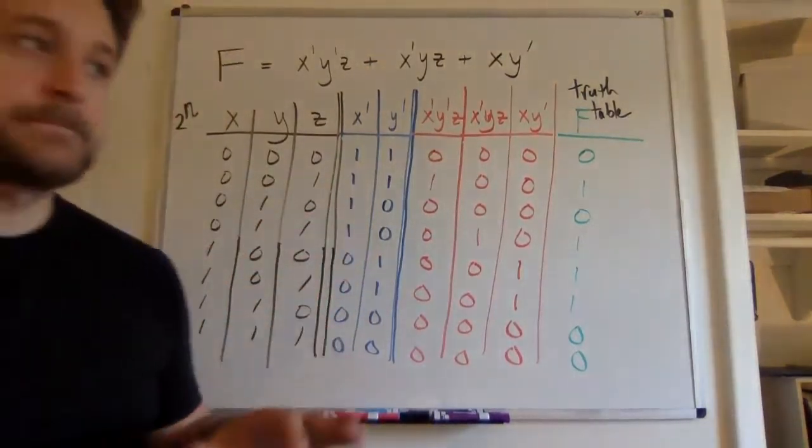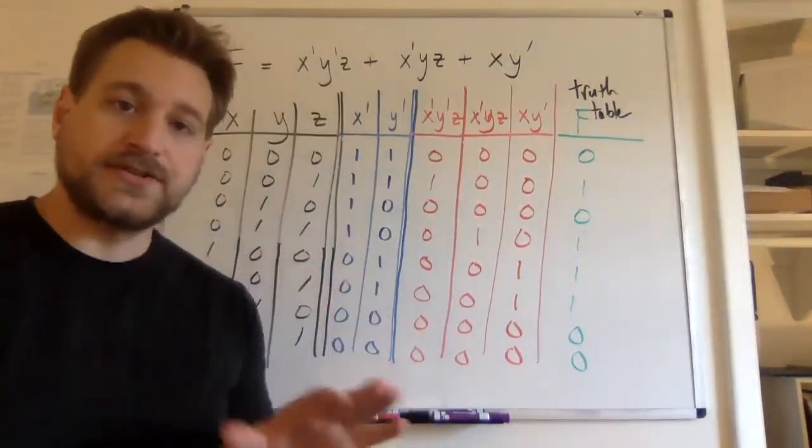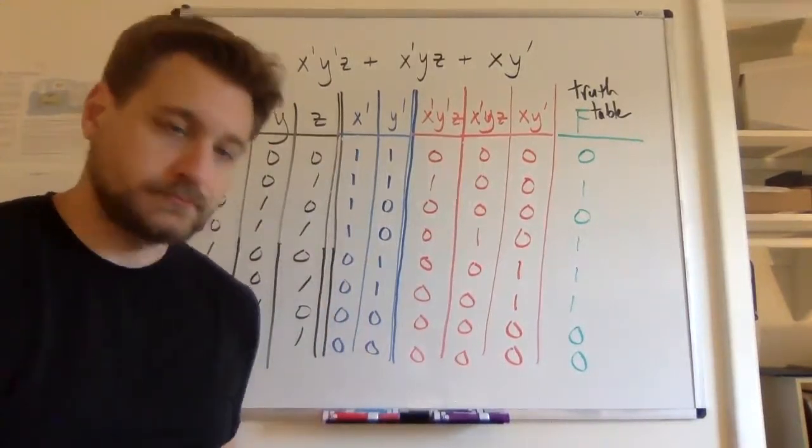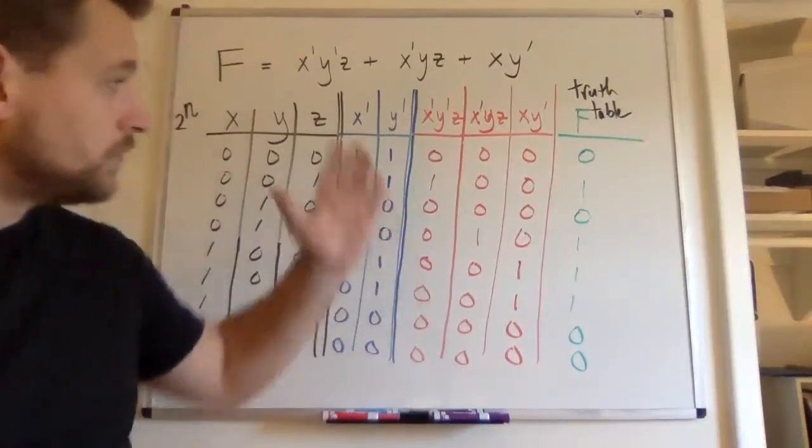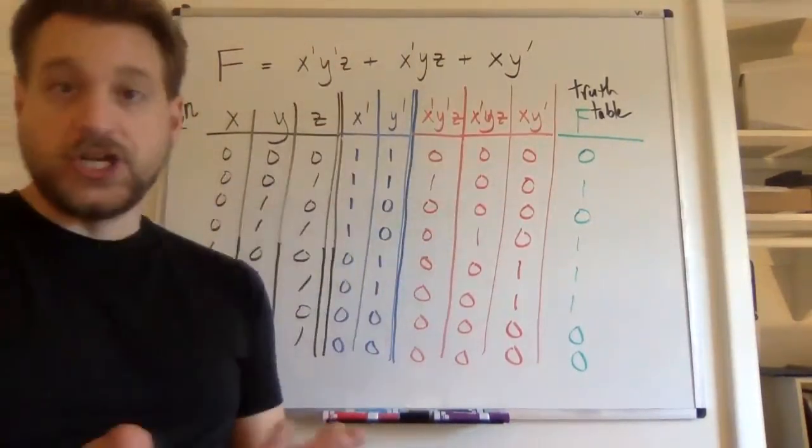Okay. So we've made ourselves a truth table for function f.